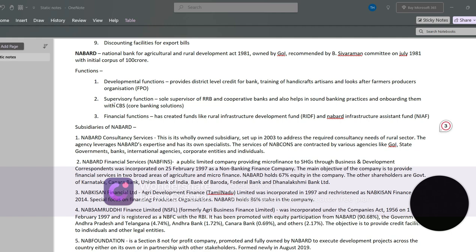Second is supervisory functions: it is the sole supervisor of RRBs, regional rural banks, and also the cooperative banks, and it helps in practicing sound banking practices and onboards them with core banking solutions. And third is financial functions. It creates funds like Rural Infrastructure Development Fund, NABARD Infrastructure Assistance Fund, and so on.